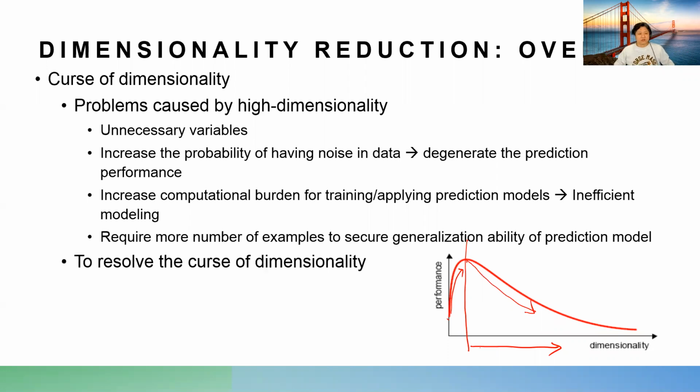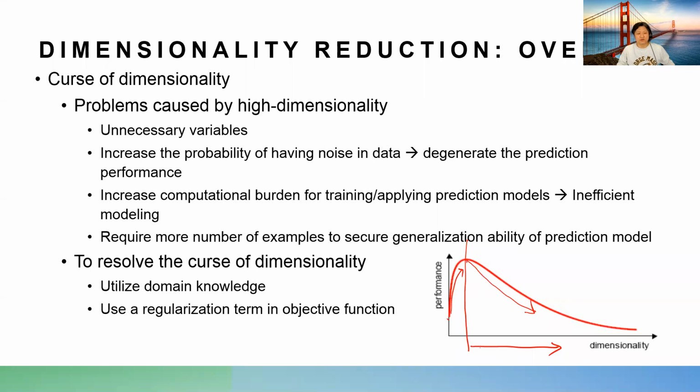Okay. So how can we solve this curse of dimensionality? First, you can use your domain knowledge, right? You can evaluate which variables are more important and which variables are not important, and you can remove them or select them. Definitely, you can use your domain knowledge.